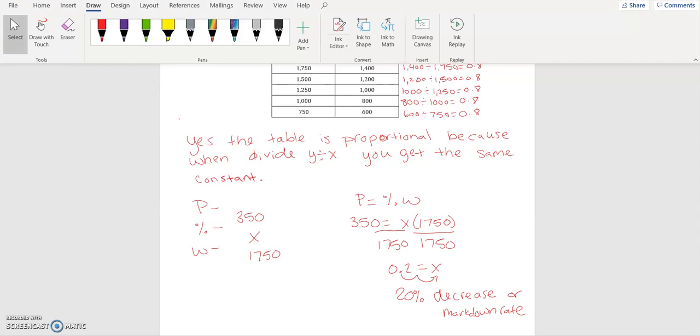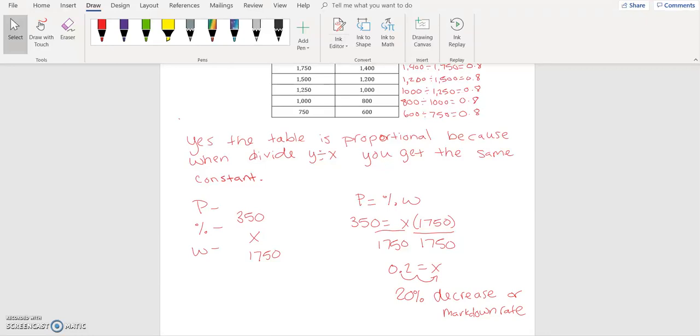Okay, so P is equal to percent times the whole. And then we're going to plug in our values. Please excuse the fact that mine is not perfectly lined up, and you should make sure that yours is neatly lined up. I was not able to see what I was writing.